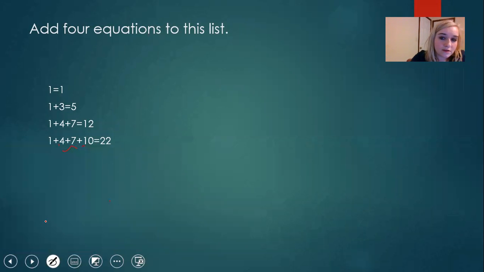So we can just keep adding 3 to this. So plus 7 plus 10, and then plus 13, that's the one we got last in the last slide. And then plus 16 equals 51.